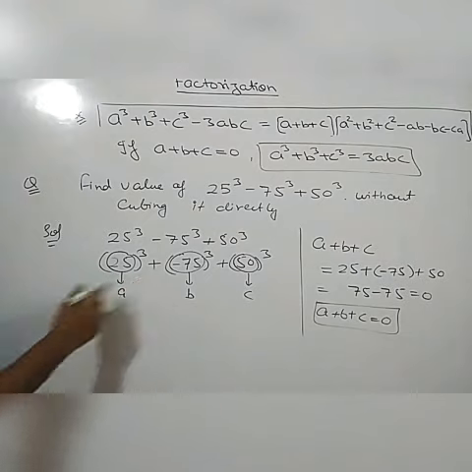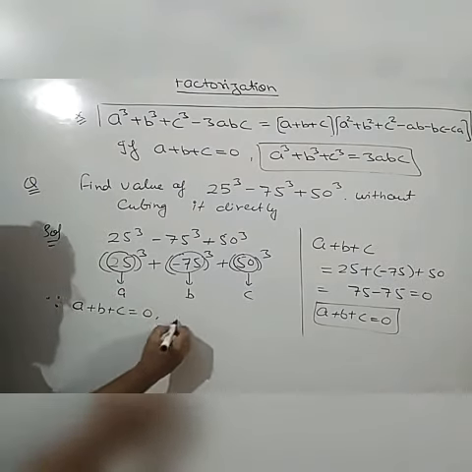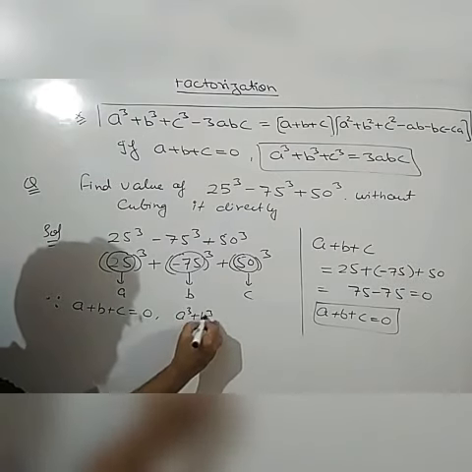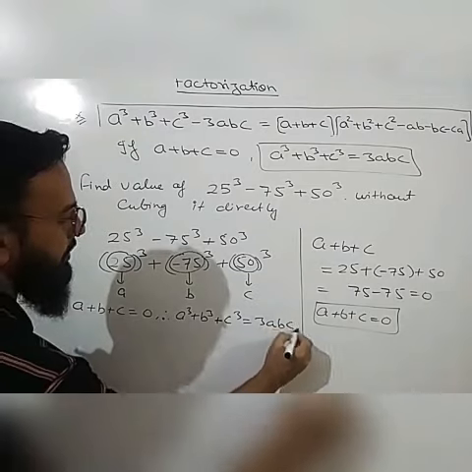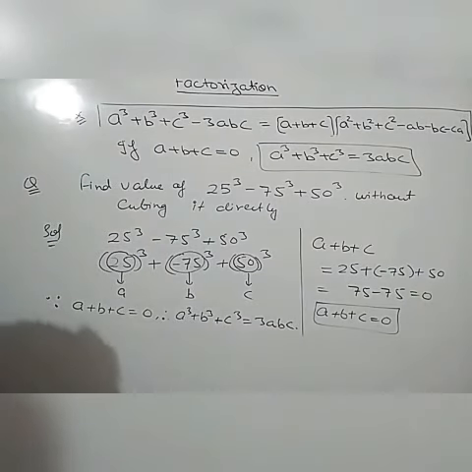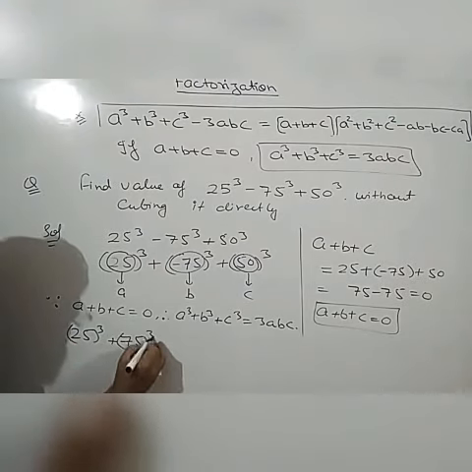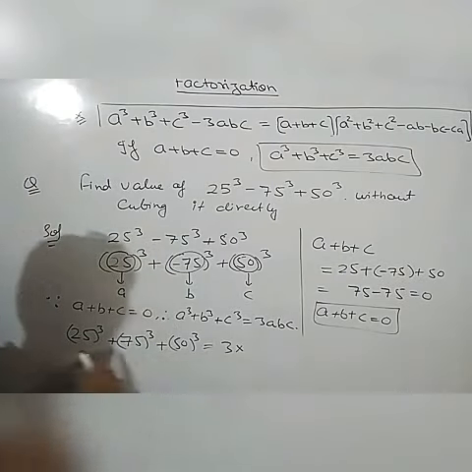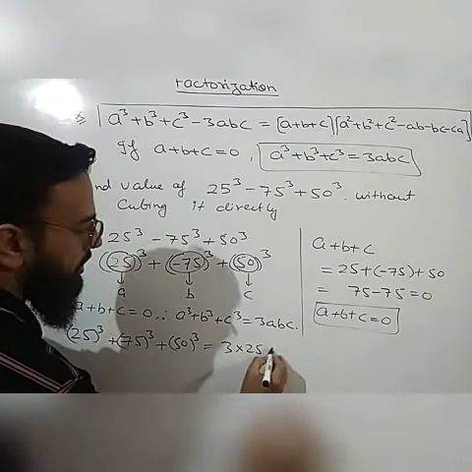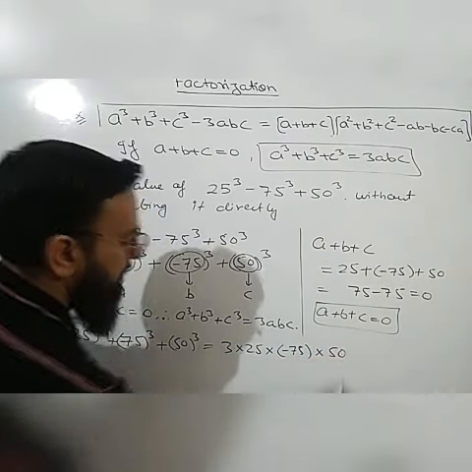Okay, so what can we use here? We will write here, since a plus b plus c is equal to 0, it means a cube plus b cube plus c cube will be equal to 3abc. Okay, so what can we write here? So we can write directly 25 cube minus 75 cube plus 50 whole cube will be equal to 3 into a, a is 25, into b, b is minus 75, into c, which is 50.